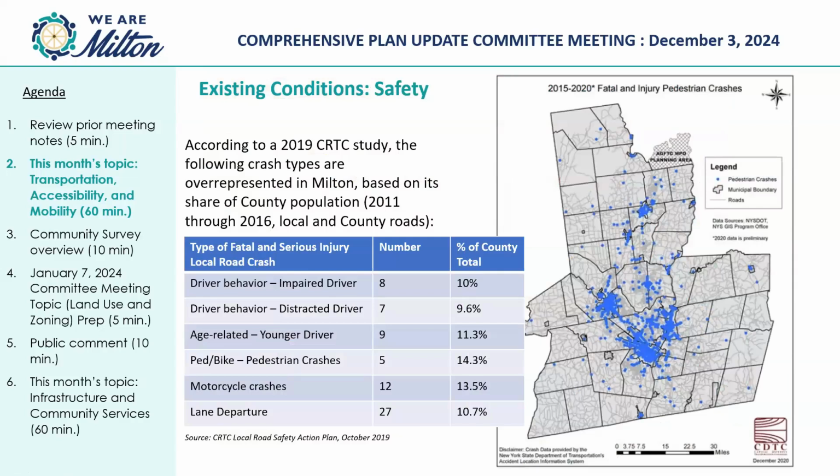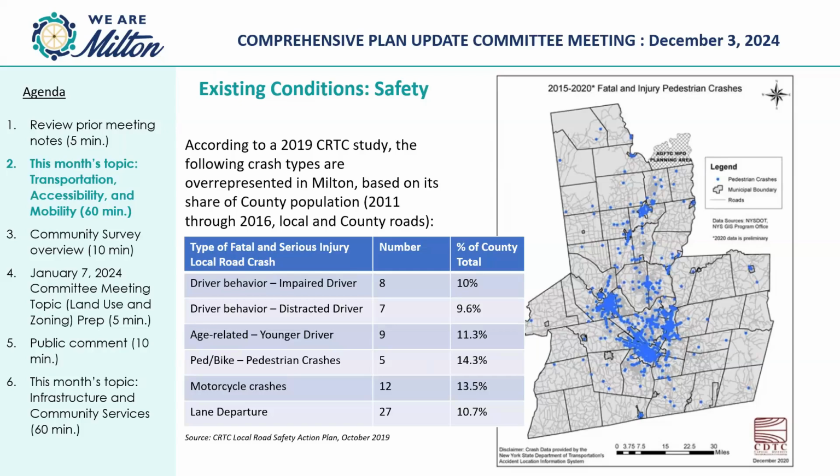So the other, in terms of mobility, and again relying on Chris's colleagues at CRTC, CRTC put together a pedestrian or local roads safety plan, and kind of did for the region's local roads what DOT does for its whole system.